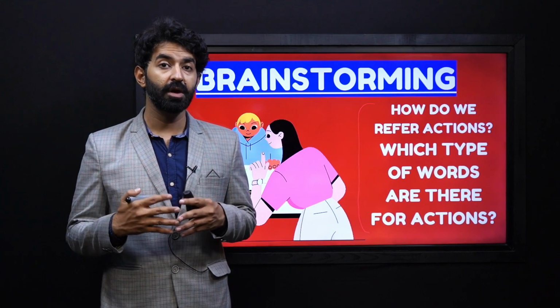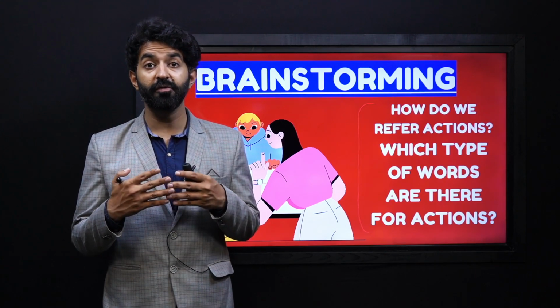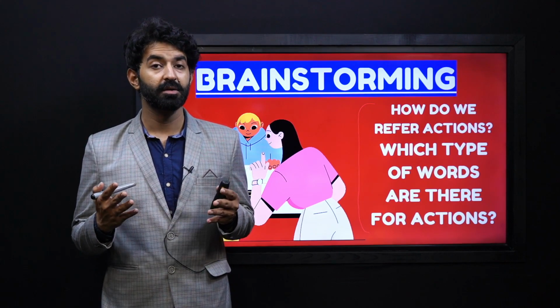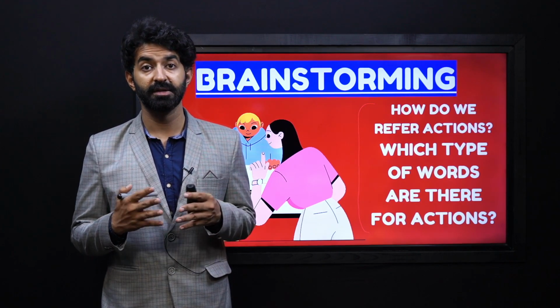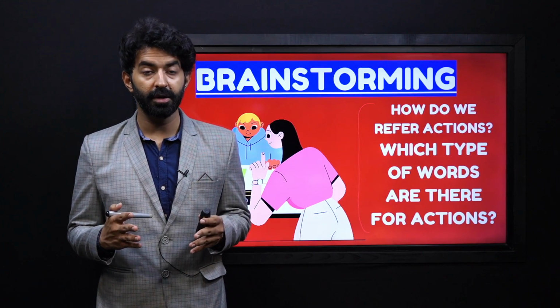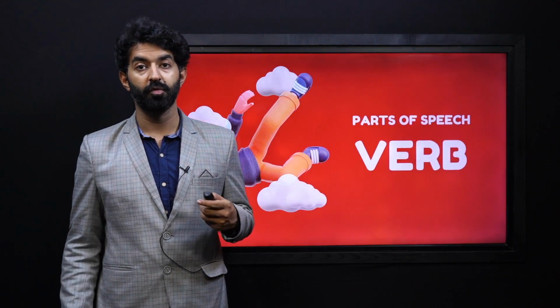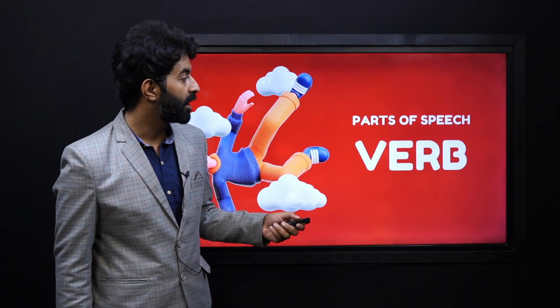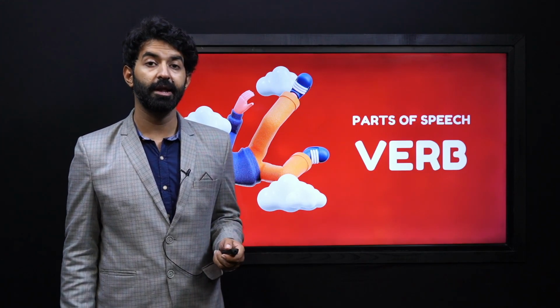And when we are showing or referring to actions in our sentences, what do we use in that scenario? Think about it so that we can move forward with our main topic, which is about parts of speech, and we are dealing with verb.